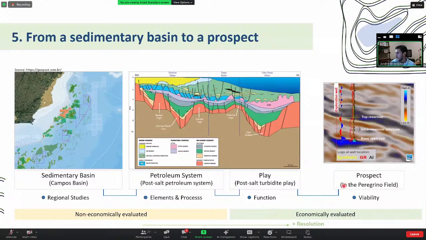If you increase the resolution of your studies even more, you can get something like that, which is the prospect that you are going to drill and you plan to produce. So you are going from very low resolution studies to things that have around 20, 30 meters of width. So you also reduce the uncertainty of your studies when you do a process like this.